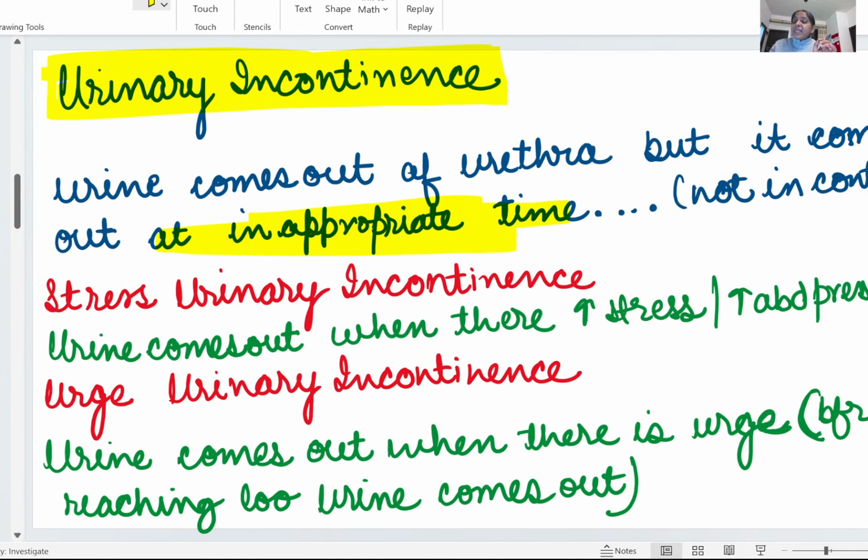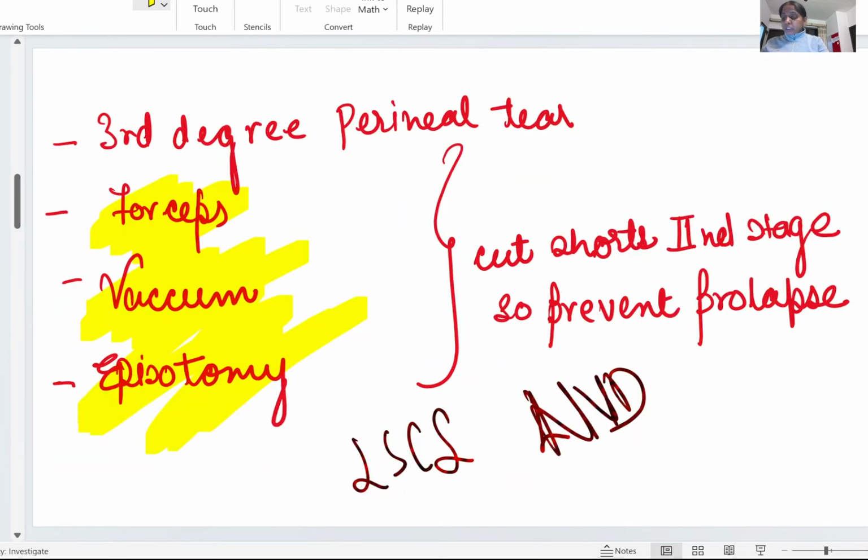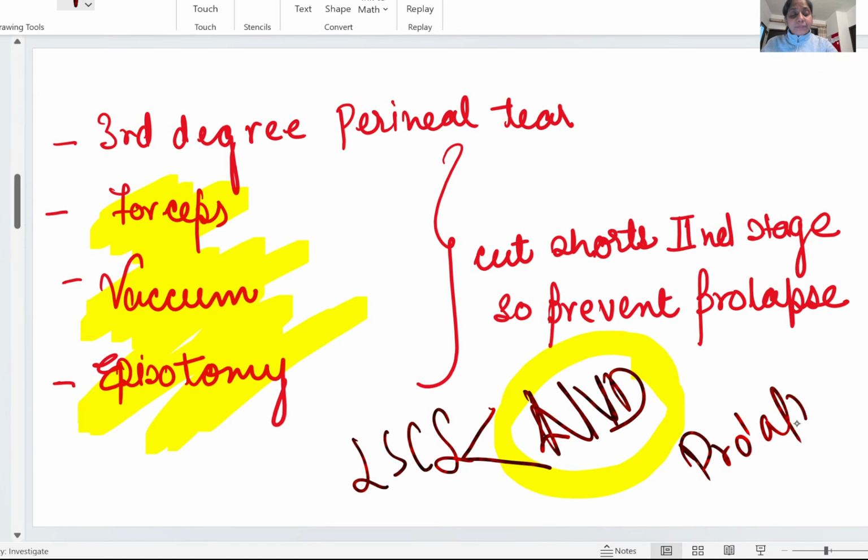What is stress urinary incontinence? Urine is coming out when there is an increase in stress. It is not related with mental stress, beta. The answer to the earlier question is that the patient who has undergone normal vaginal delivery will have more chances of prolapse, then cesarean.